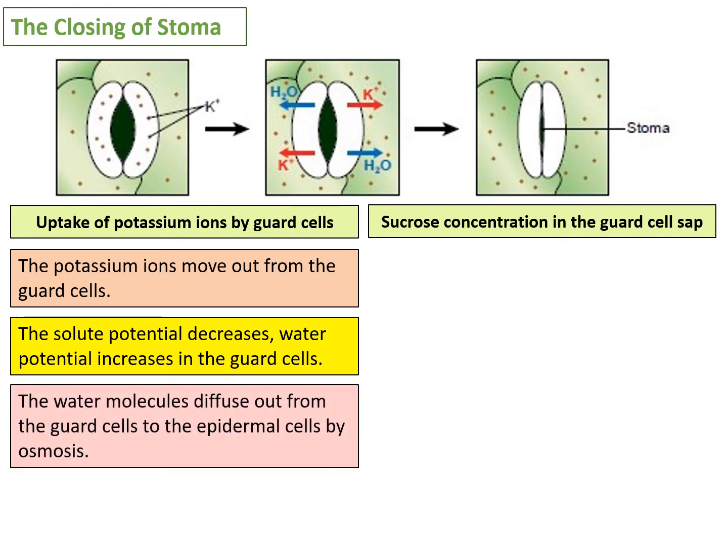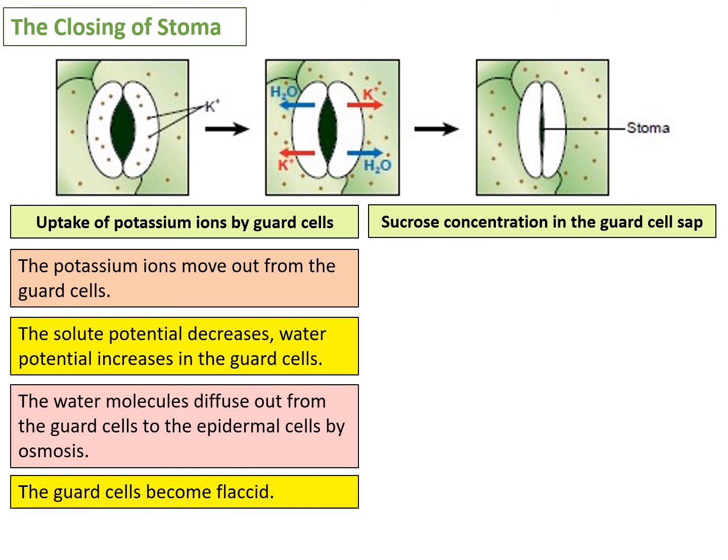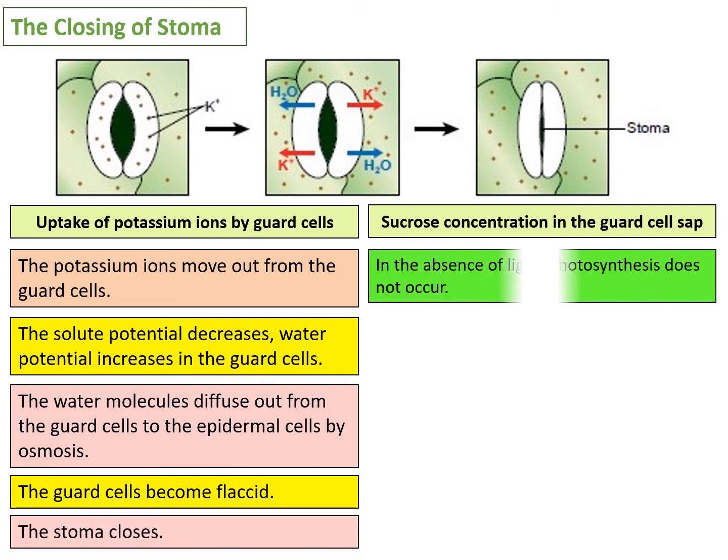So water molecules diffuse out from the guard cell to the epidermal cell by osmosis. Water always moves from an area where water potential is higher to an area where the water potential is lower. So the guard cell becomes flaccid and the stoma closes.